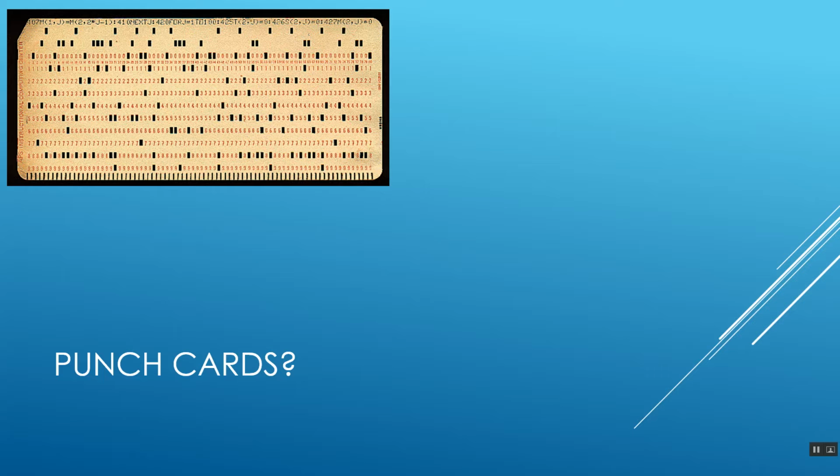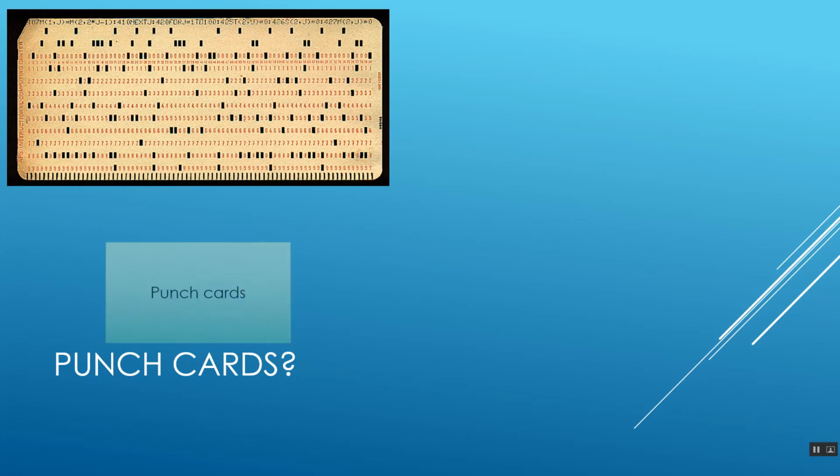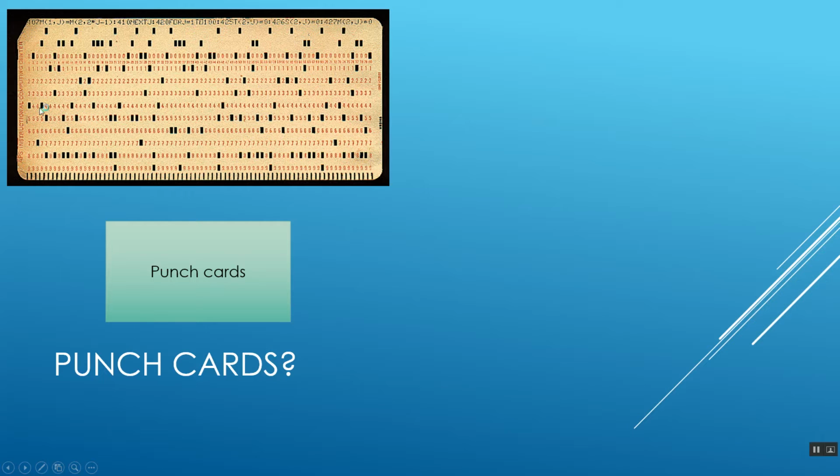It's always Florida. But basically, little holes are punched in here in specific places. And when the machine reads these holes, it's like, oh, this represents the letter A, B, C, 5, 6, and so on. So it can read these little holes and figure out what information this card is representing.